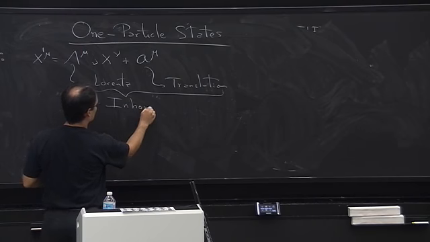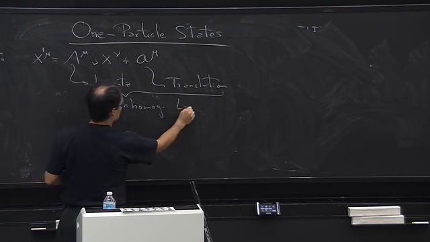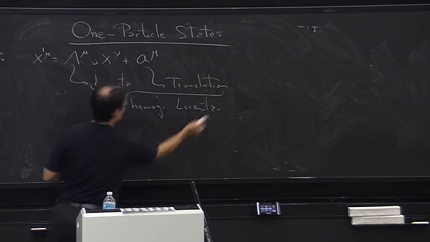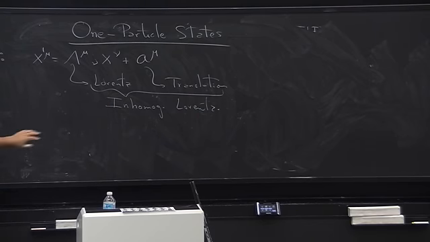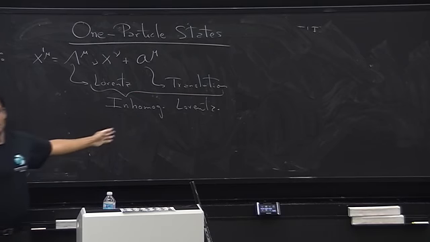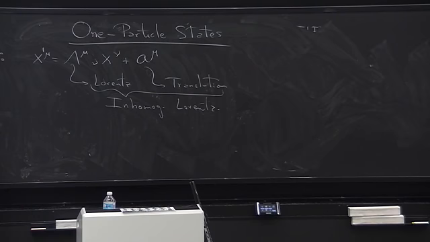So this would be the inhomogeneous Lorentz group. But this is too long, so I'm going to call it Poincaré. Okay? But you will also see this in many places. Just wanted to mention. All right.